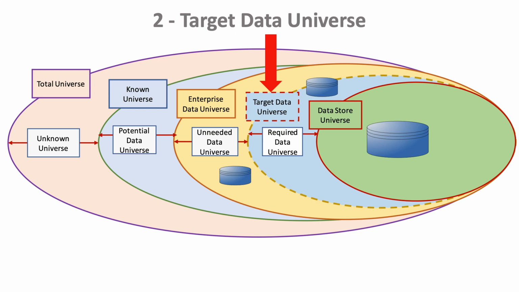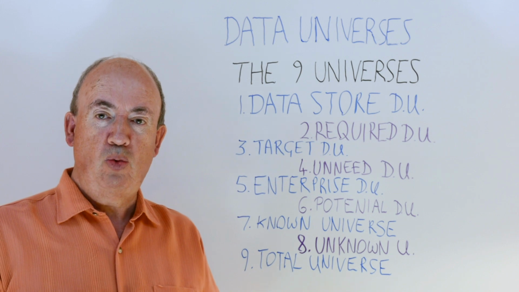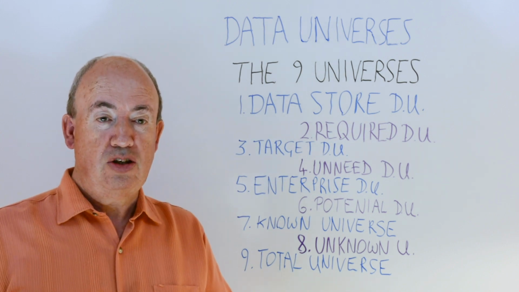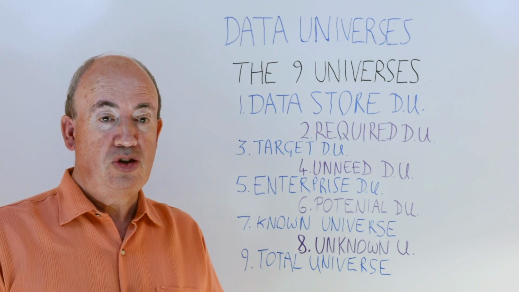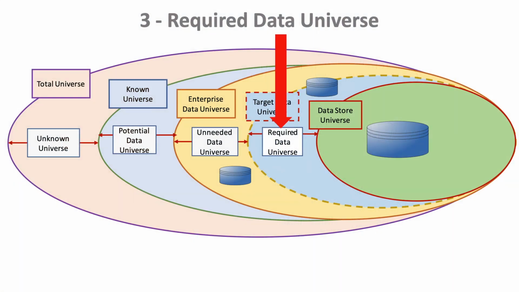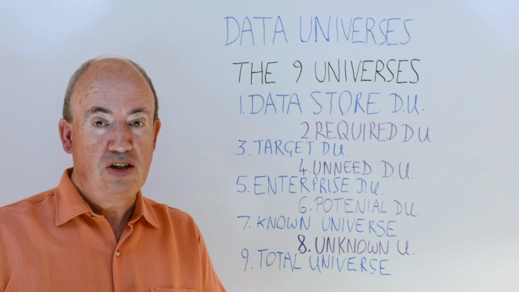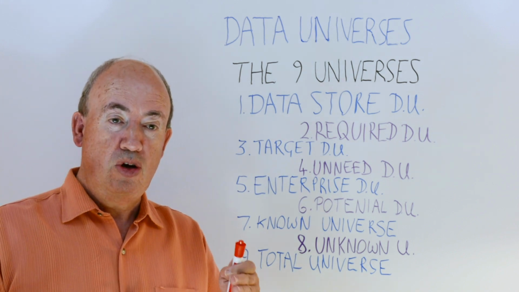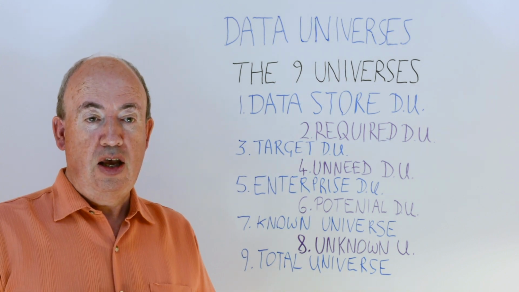This is a potential data universe, and it's the additional records that we might want to get into our data store universe. And the difference between the target universe and the data store universe is the required data universe. This is what we're going to have to get into the data store universe to get it large enough to meet this requirement of the target data universe.